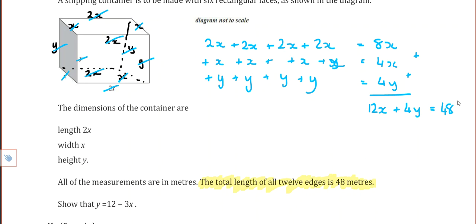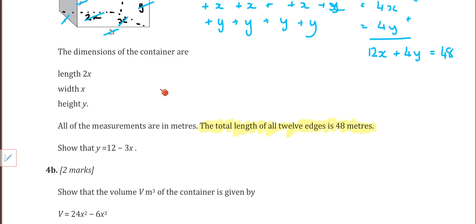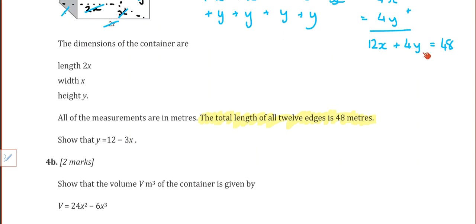Now I'm not quite yet at the point where they want me to be. So, how do I get from 12x plus 4y is 48 to y equals 12 minus 3x? Well, it's kind of factorising.